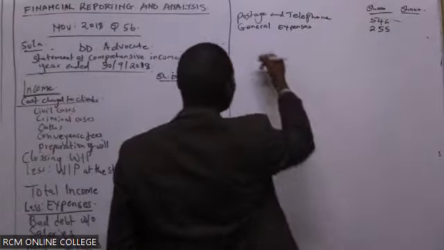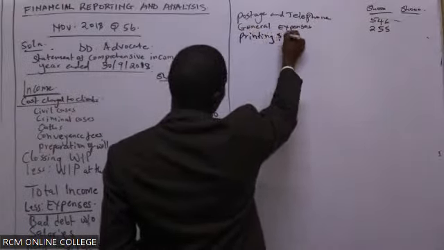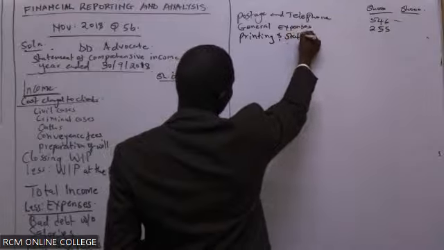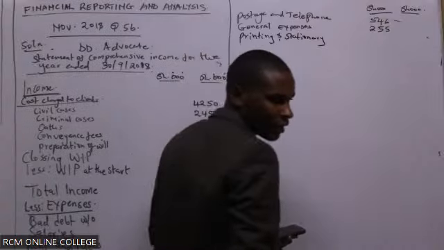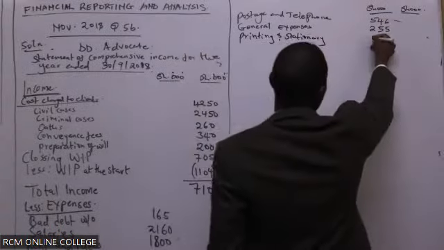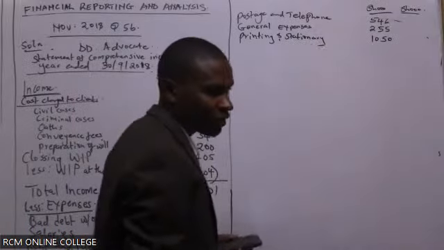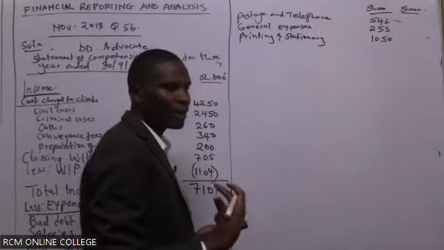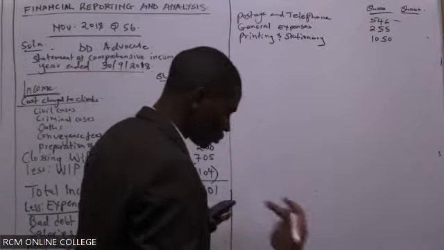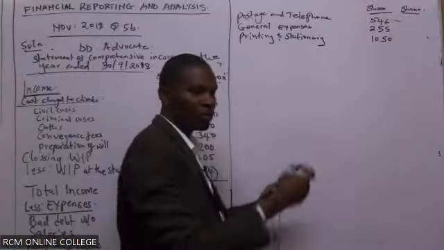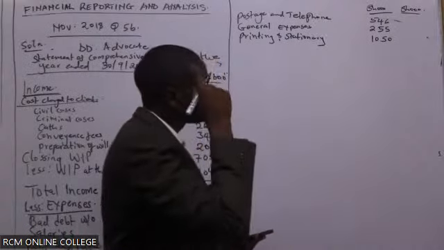These are very many. Printing and stationery. Remember, whatever you put as a right entry, as a correct entry, that's a mark. Once you put a correct entry, that is a mark. And remember, it is not always that you should get all of them for you to get the full mark.